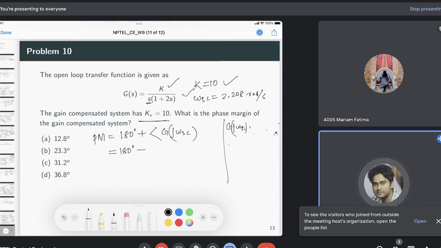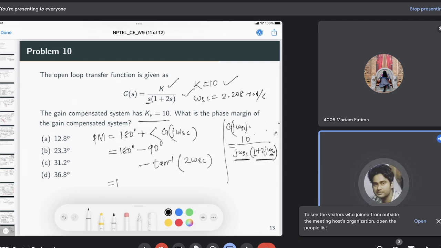So the angle for this: it is imaginary by real, so it is tan inverse of infinity, which is 90 degrees, minus tan inverse of 2 omega gc by the real part, which is 1.